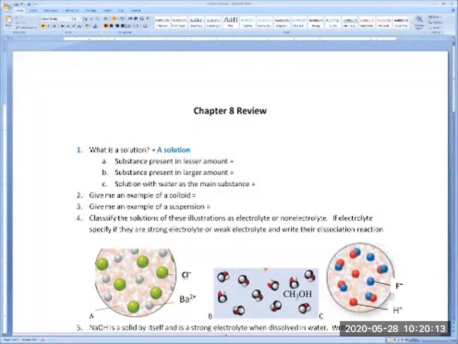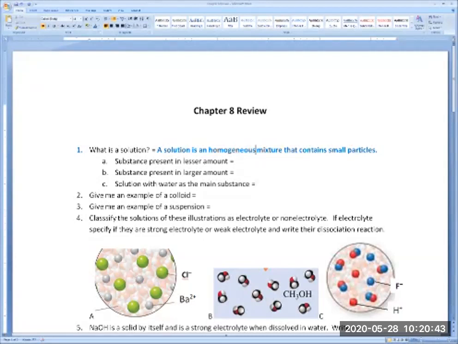So, what is a solution? A solution is a homogeneous mixture that contains small particles. Homogeneous. So remember how homogeneous means a mixture that is made of several substances.